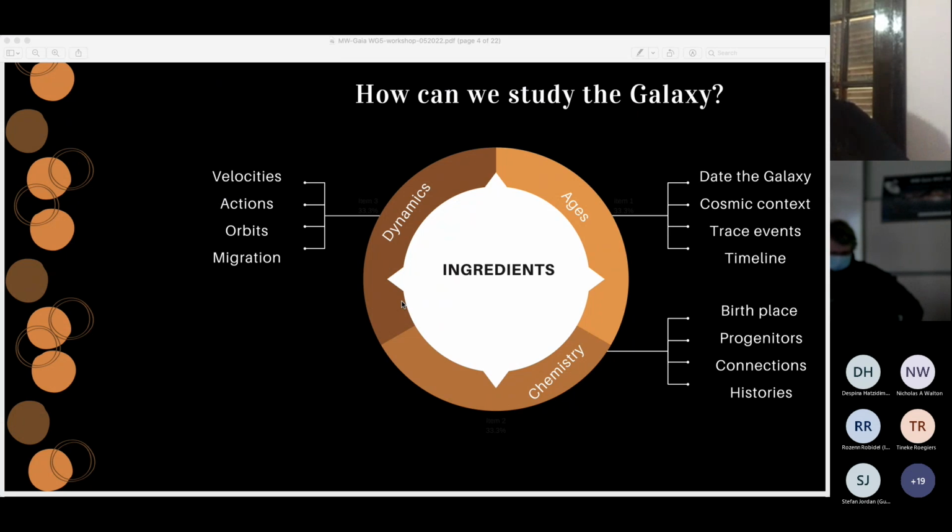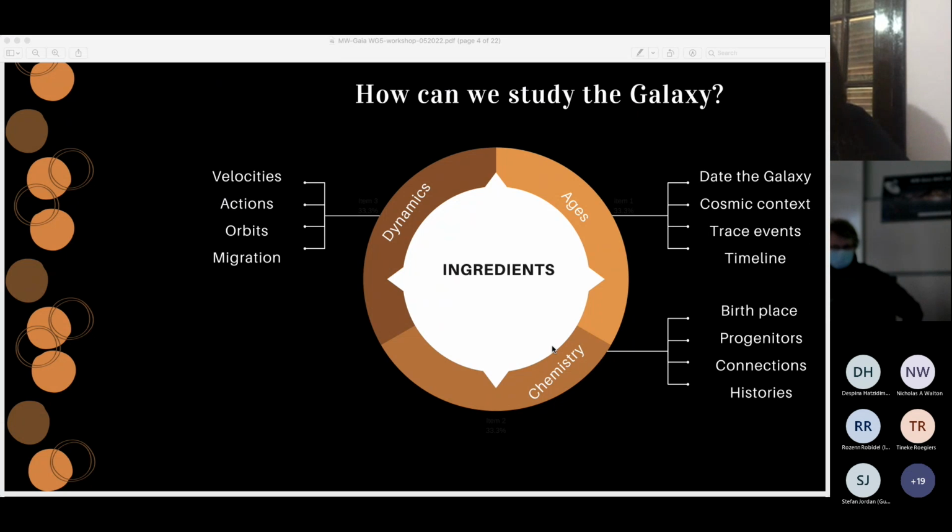We also have the chemical abundances, which are very important because from them we can understand the birthplace of stars and again explore the different building blocks of the Milky Way and the connections and histories of different stars. Finally, we have the third ingredient, the ages. With the ages, we can put everything that we learned from the dynamics and chemistry and the physical processes of our galaxy in a timeline, which helps us understand the evolution of the Milky Way.